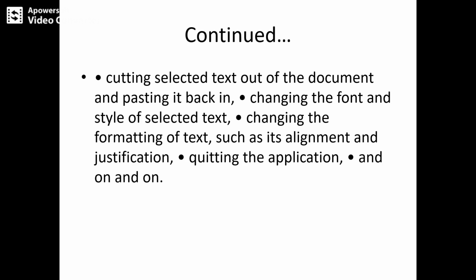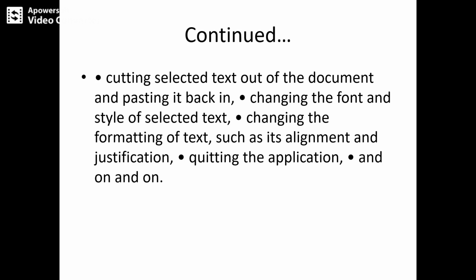Cutting selected text out of the document and pasting it back. In a Word document paragraph, we need to cut the selected text, and then paste that entire text back where we desire to paste it.